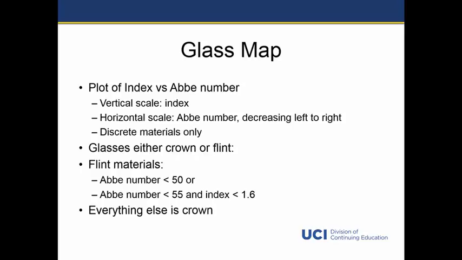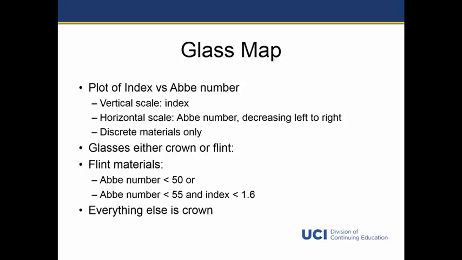Okay, so again on that glass map, the vertical scale was the index, and the Abbe number decreases to the left. You notice that there was a limited number of materials. There's a large part of the glass map that isn't occupied. Obviously, you can only use materials that physically exist.